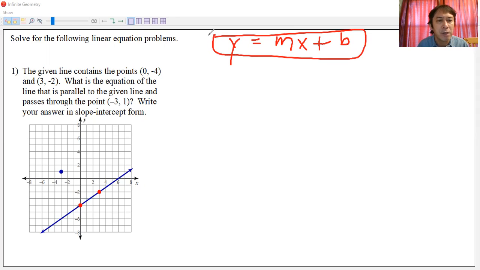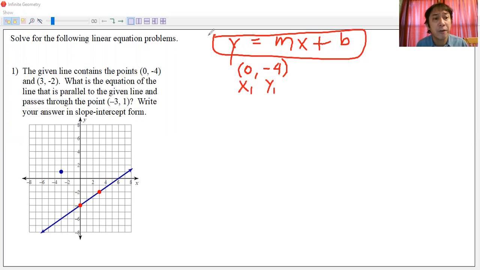The given line here has two points, and here is one of the points, (0, -4). We can denote this as our point 1, so we label this x1 and y1.